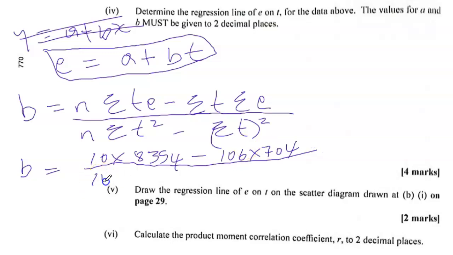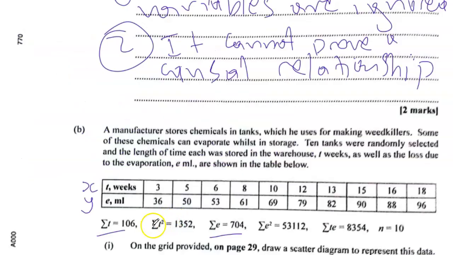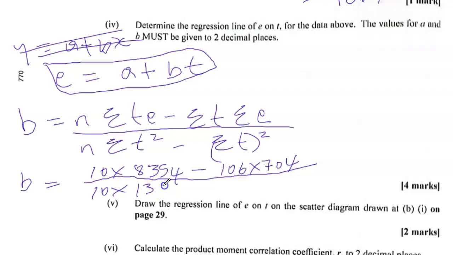So N is 10 times the sum of T square, that's 1352, minus the sum of T, which was 106, so minus 106 all squared. And all of this works out to be 3.90 using 2 decimal places.